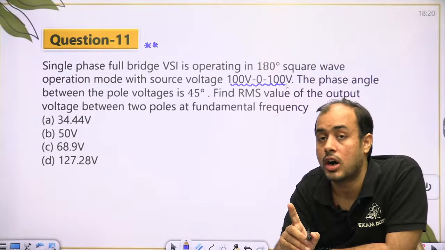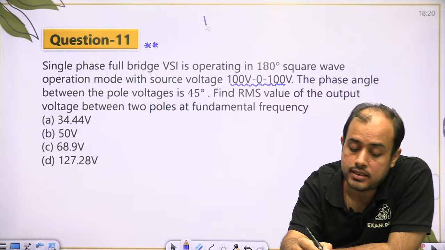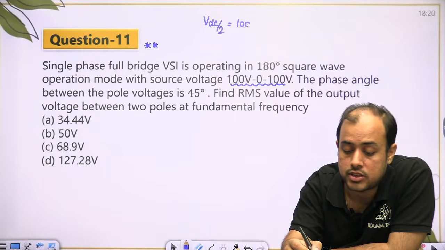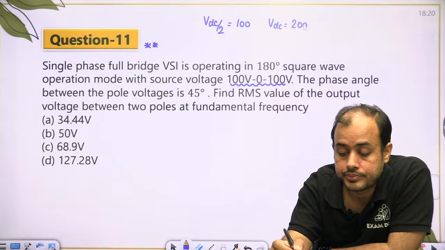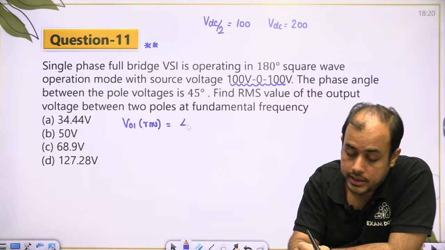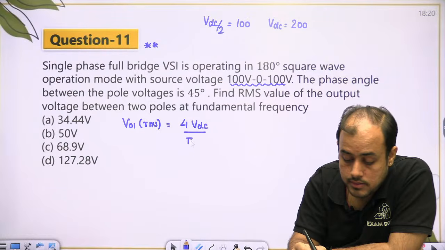This is because we have two capacitors and we divide the supply voltage into two parts, each of 100. V01 RMS for square wave.